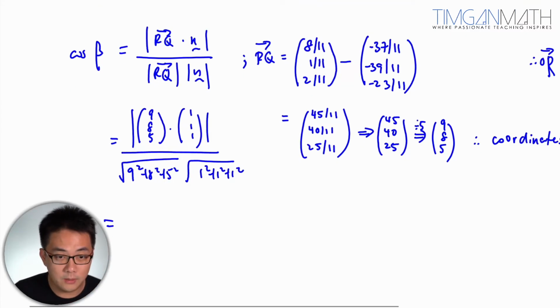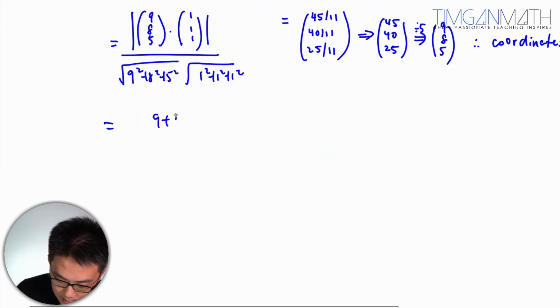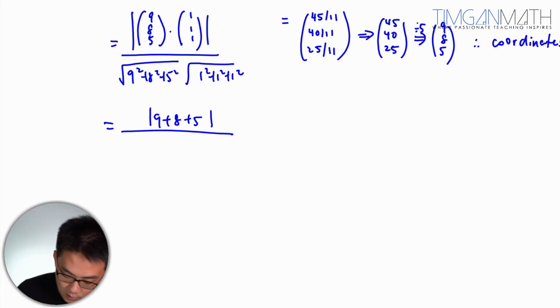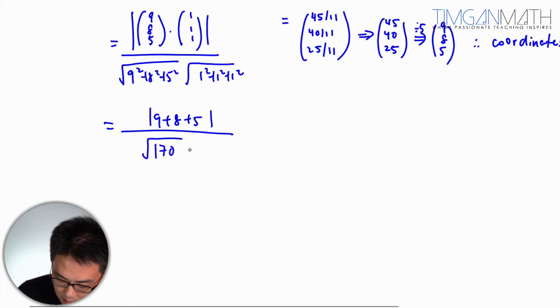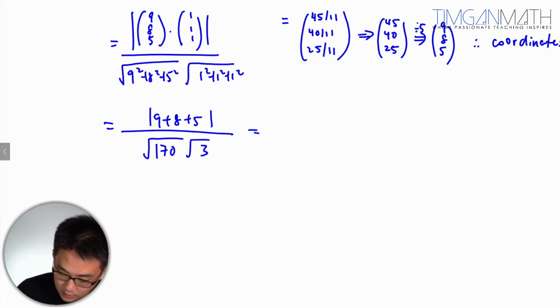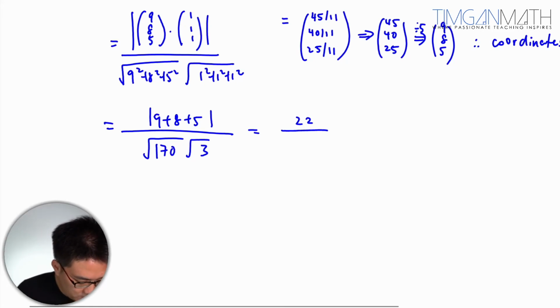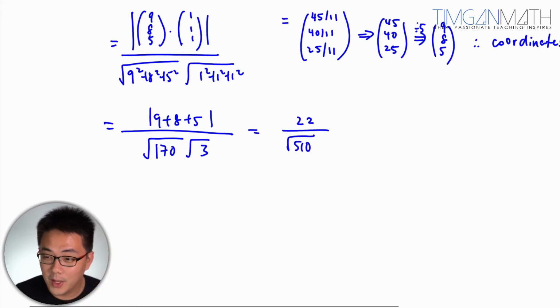So the top will be 9 plus 8 plus 5 over the modulus, root of 9 square plus 8 square plus 5 square, which is root 170, times root 3. 9 plus 8 plus 5 is 22. 170 times 3 is 510. That's a big number.